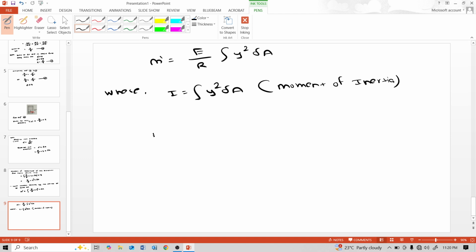Therefore M dash is equal to E by R into I. This is equation 6.